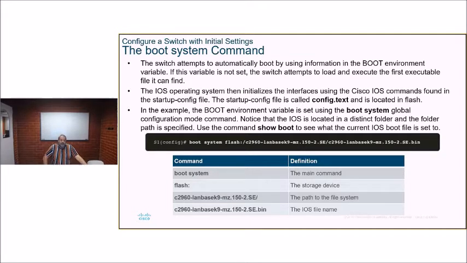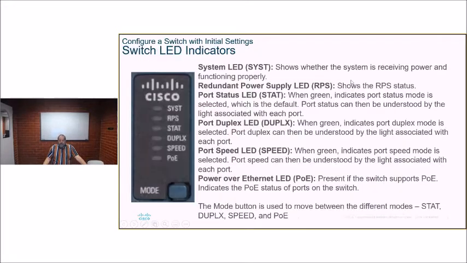In the example, the boot environment variable is set using the boot system global command. Notice that the IOS is located in a distinct folder and the folder path is specified. Use the command show boot to see what the current IOS boot file is set to. So here you've got the command boot system, then the file system, the directory, and then the file.